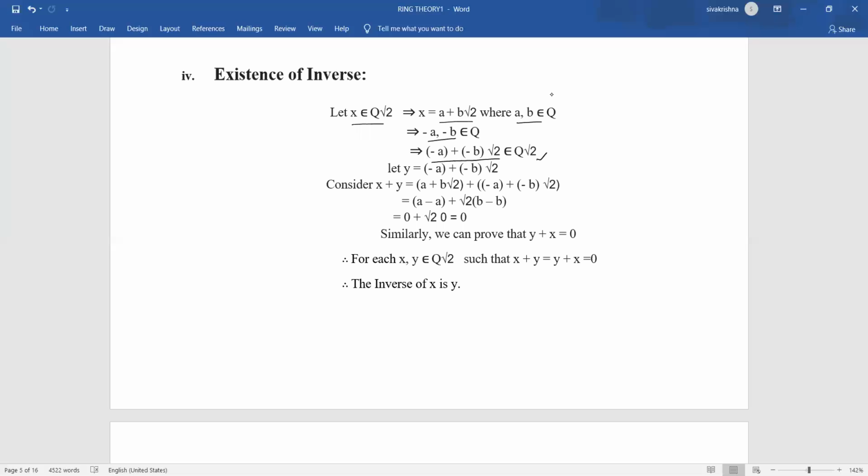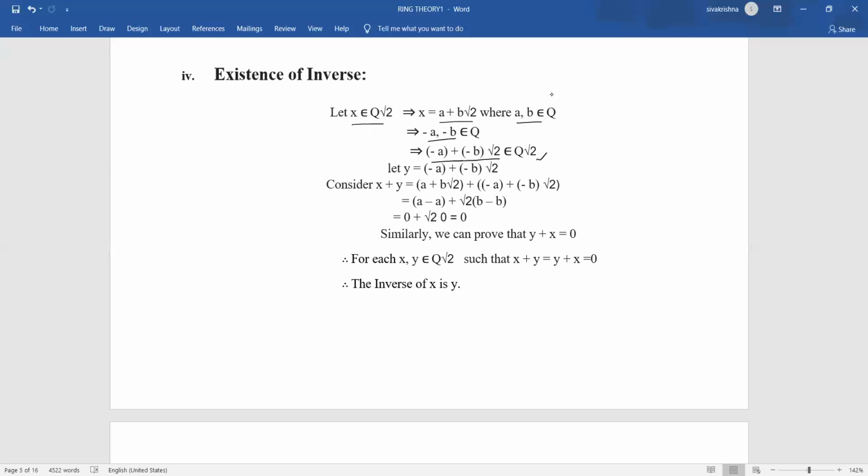In order to say an element belongs to Q root 2, that should be of the form a plus b root 2. Yes, this is of that form, where a is nothing but minus a, and b is nothing but minus b, clearly rational numbers. So clearly this element belongs to Q root 2.